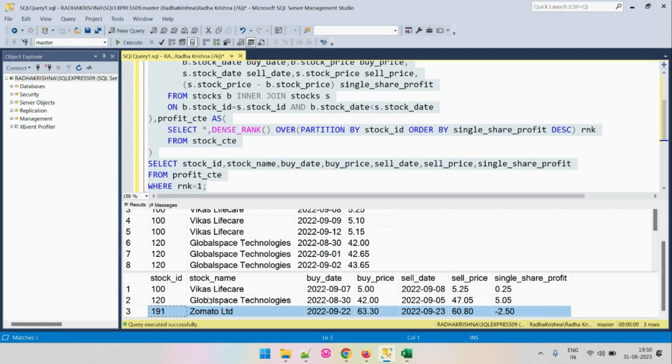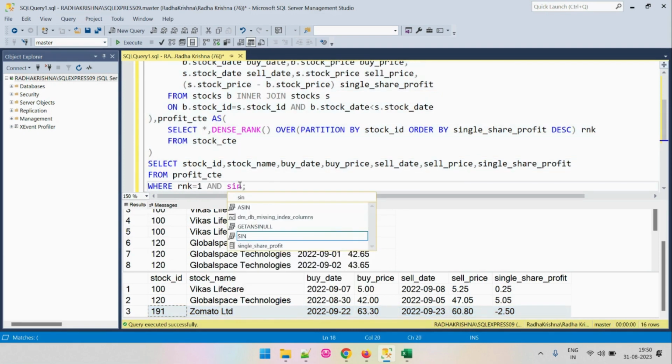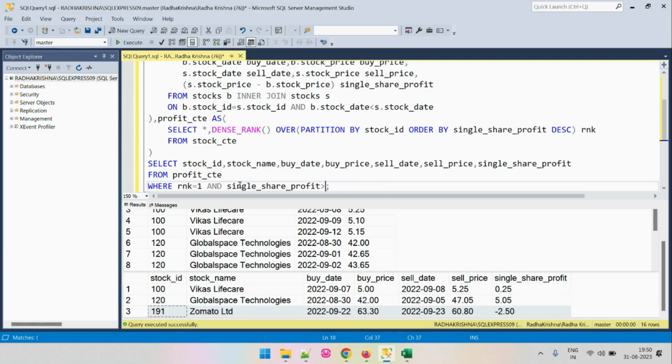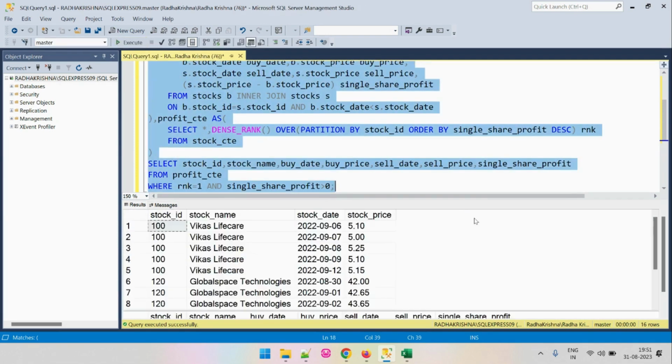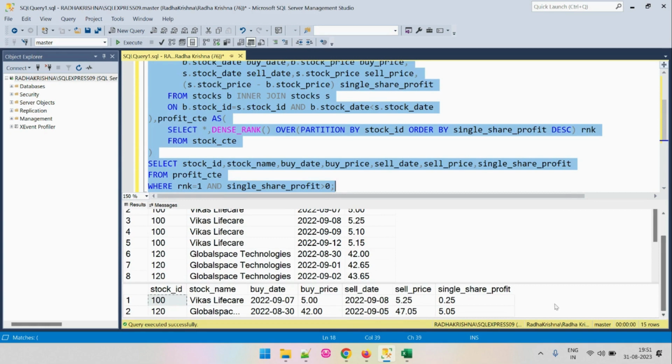But we are not interested in the loss entries. So we will eliminate such records, saying that we are interested only in the profit records, so that the single share profit is greater than 0. Let's add this filter and run it.